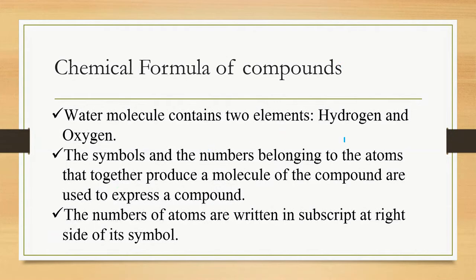So, in water molecule, there are two elements which are hydrogen and oxygen. The numbers of atoms are written in the subscript at right side of its symbol. As water molecule contains two hydrogen atoms, we write 2 as subscript at right side of the symbol of hydrogen.